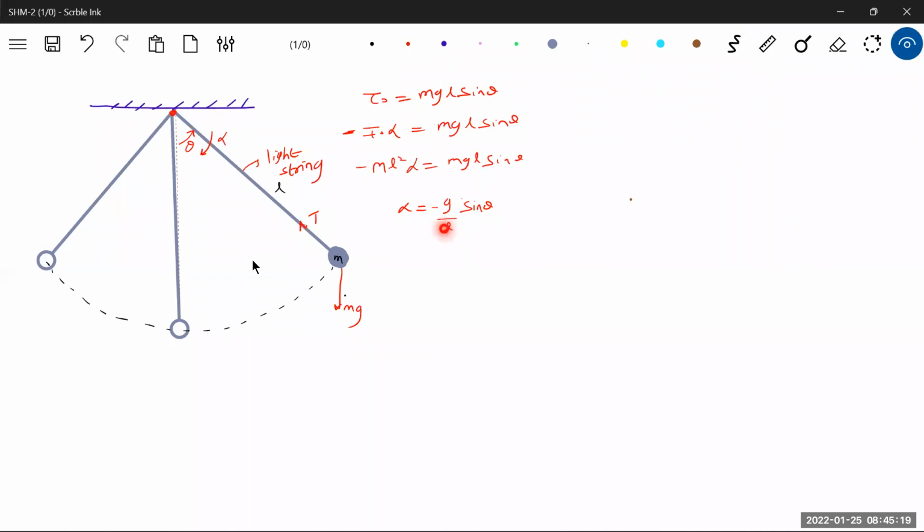No, this is not SHM in general. When theta is very small, around 18 degrees roughly, there is no particular boundary, theta should be less than that for SHM. Not perfect, but most books treat theta between 0 and 18 degrees as SHM. That is a few radians.